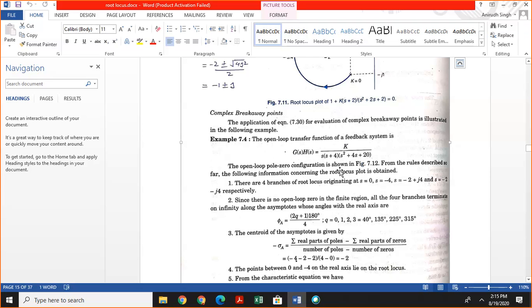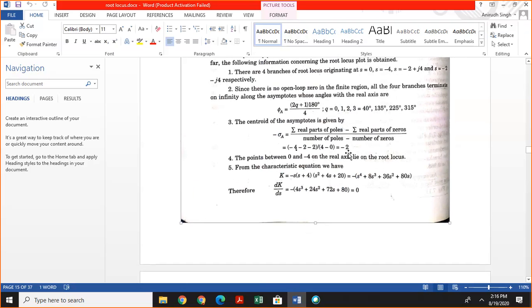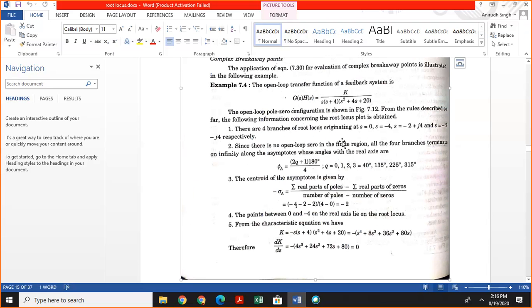First, you draw the pole zero plot. There, first is s is equal to 0.